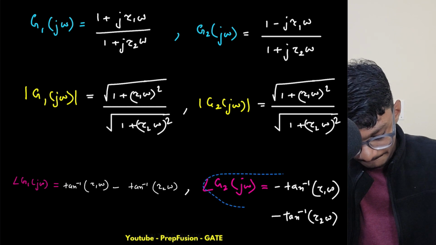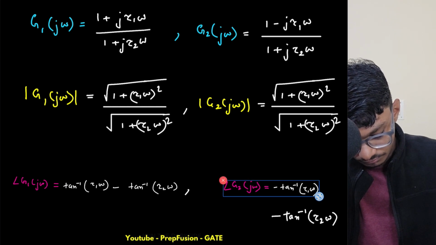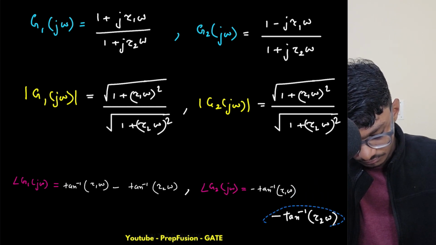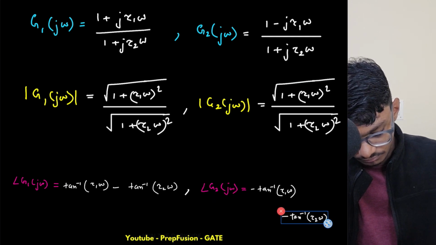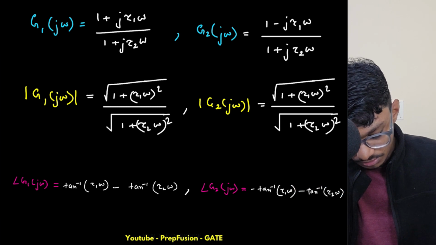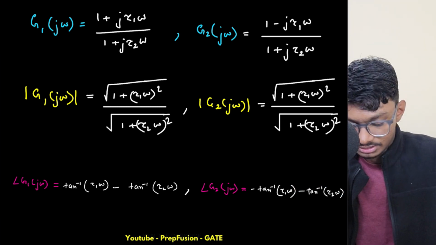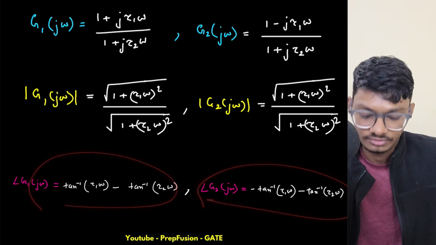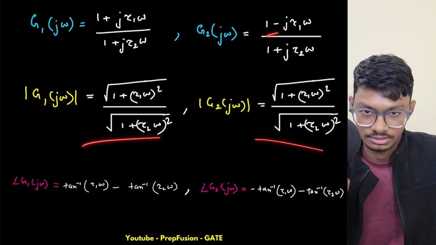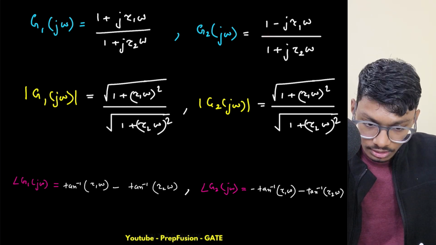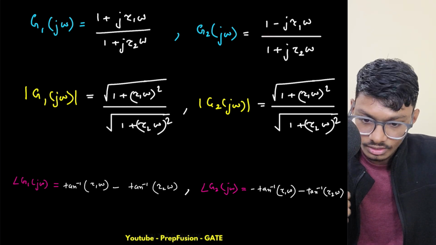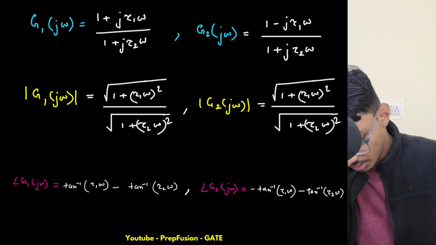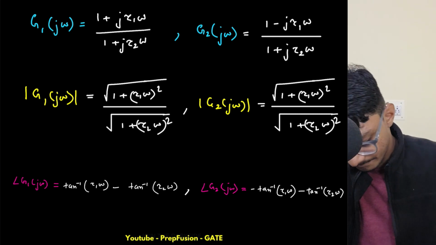Okay. So these are my two angles. Now what you observe is that the angle is different, as the sign was different, but the magnitude was the same. The magnitude was the same because we're squaring here.